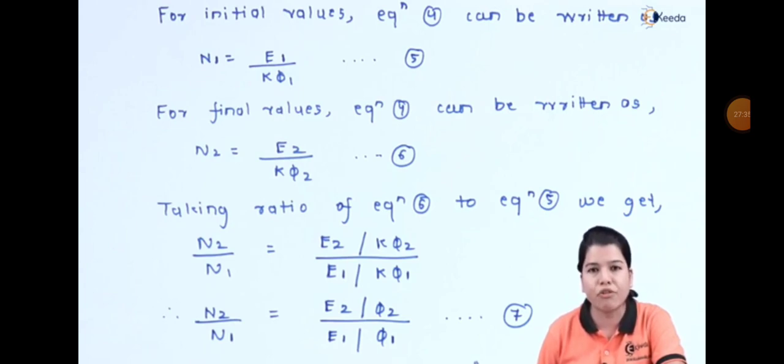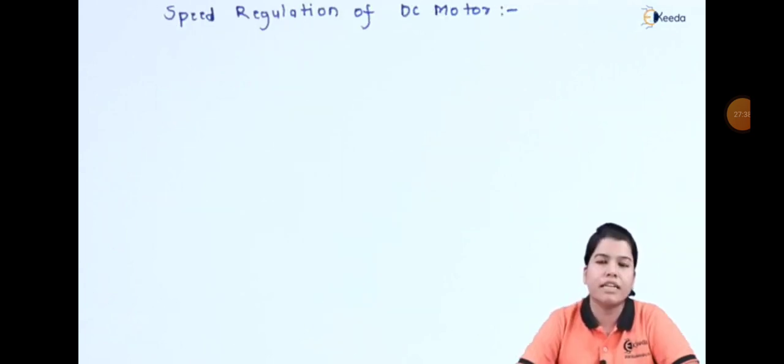Now, let us study what is speed regulation of DC motor. Speed regulation is nothing but the difference between full load speed and no load speed expressed in terms of full load speed.